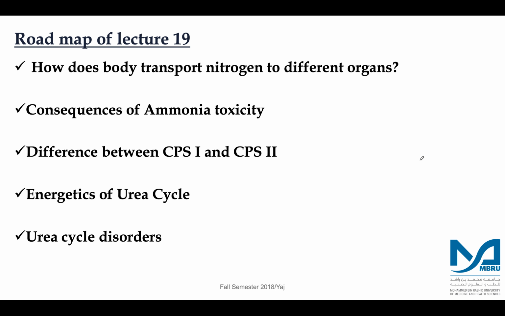So let us look at the roadmap of this current lecture. What we are going to focus on here is how the body transports nitrogen from different organs to the site of excretion of nitrogen, where nitrogen is converted to urea, and the site where it happens is the liver.